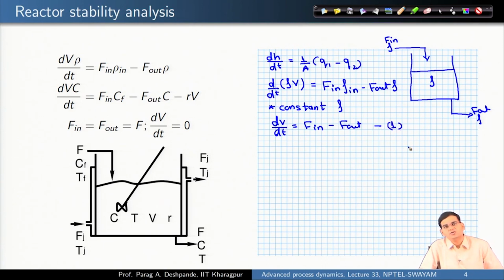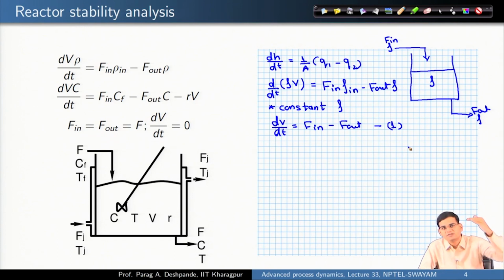Now, imagine that you do an operation in which you maintain the liquid level. Under such an assumption, the overall volume of the reaction mixture remains constant, right.